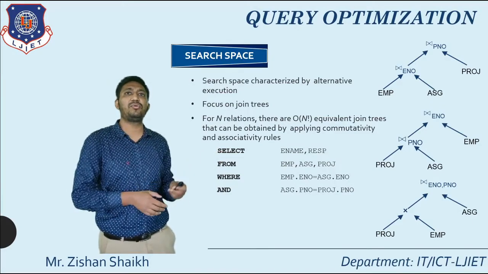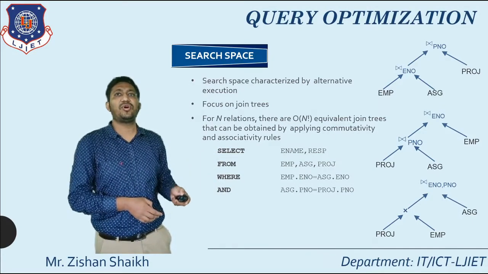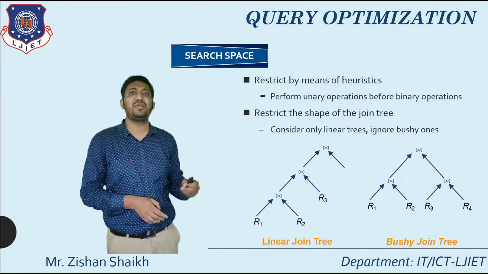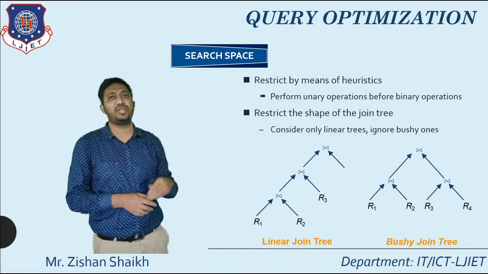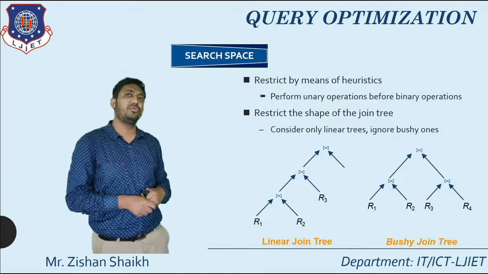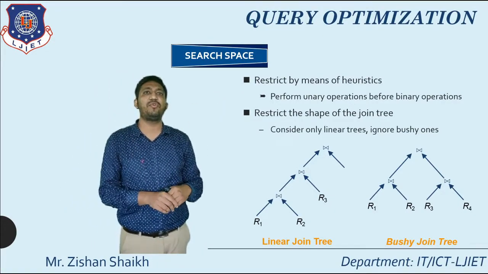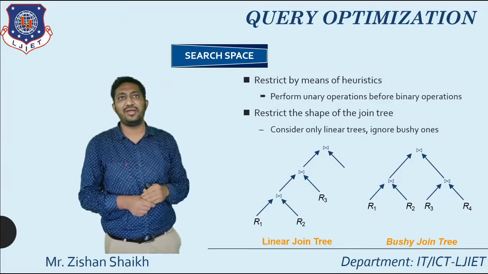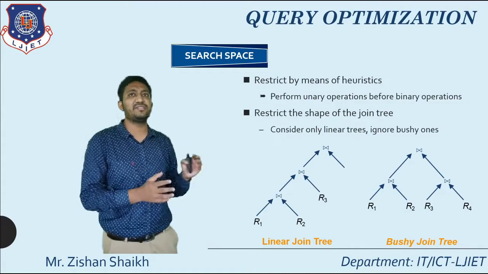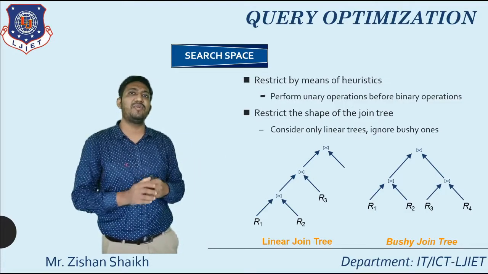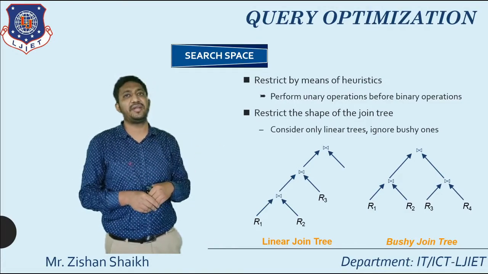For that, we have to restrict that. So for the restriction, the query processor will use different steps. So first step is our heuristic approach. According to the heuristic approach, we have to perform only unary operations, and we have to always discard our Cartesian product, because Cartesian product will produce more data.